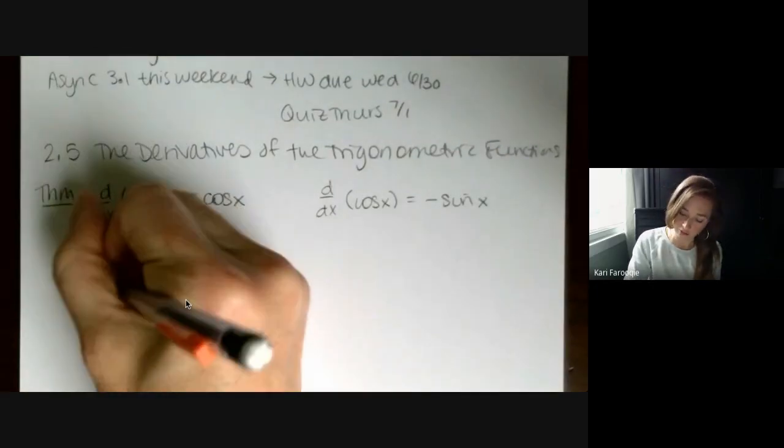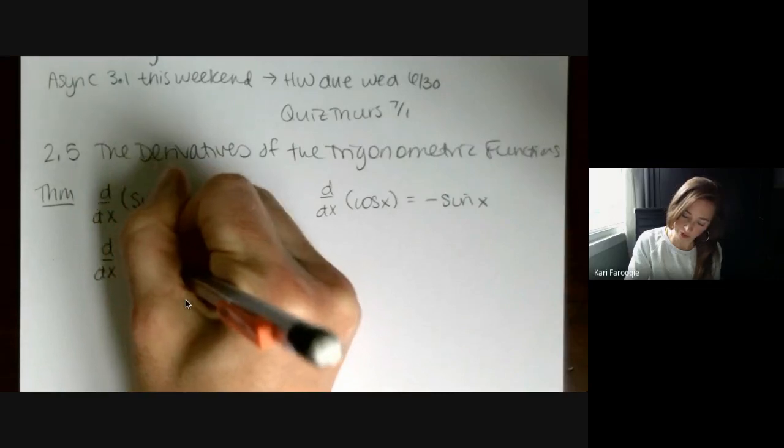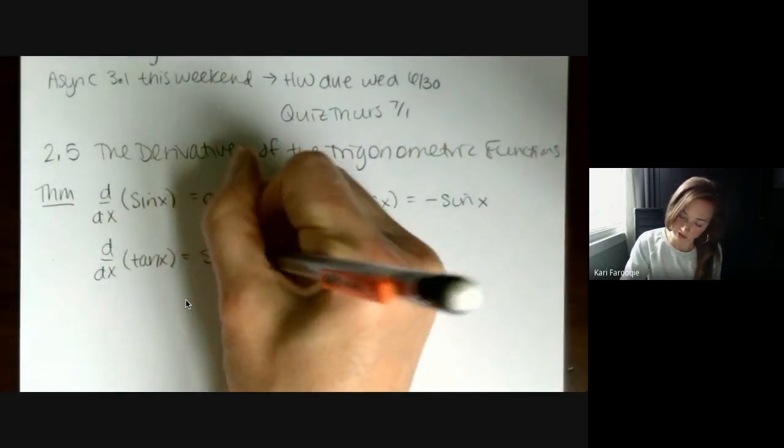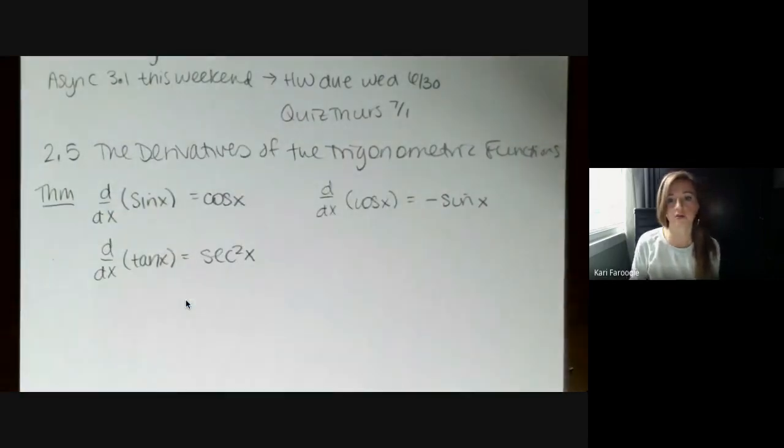For tangent, the derivative with respect to x is the secant squared of x. You're also going to find that the cofunction's derivative is going to be related to the derivative of the original function.